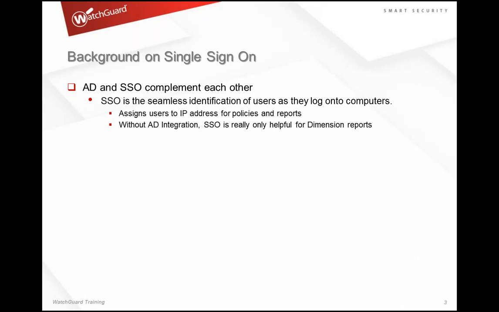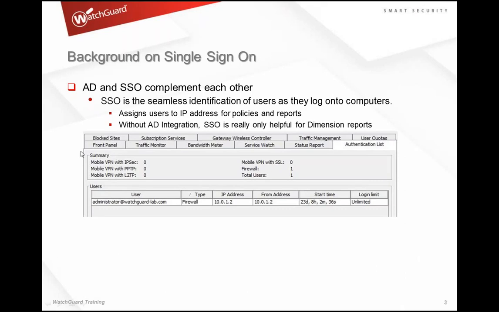I can create a policy based on that group that's going to automatically apply to Johnny as he logs in. Without that Active Directory integration, single sign-on is really only helpful for Dimension reports. So we'll cover that as well.